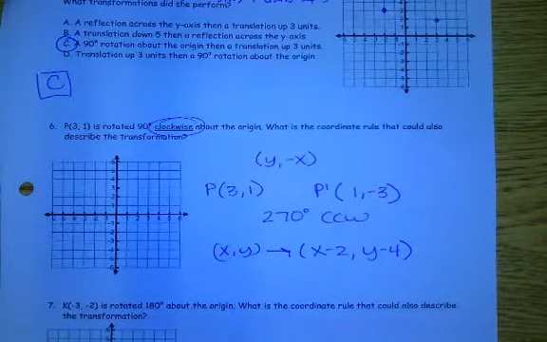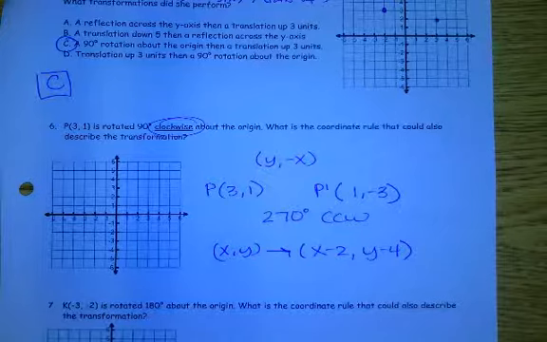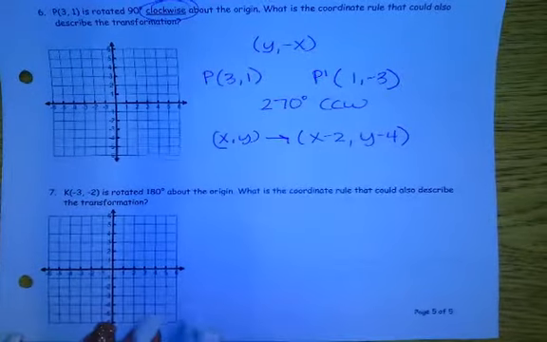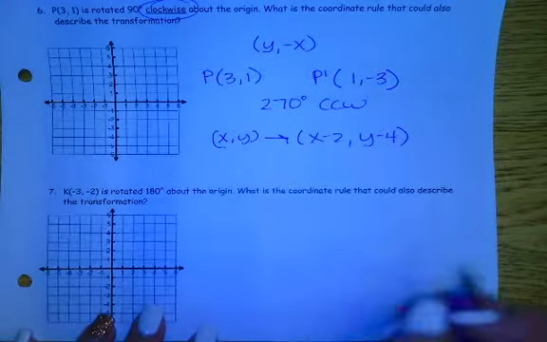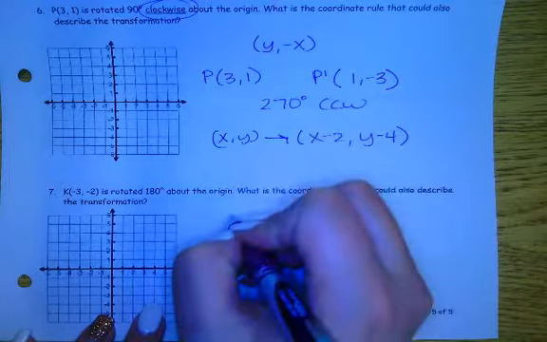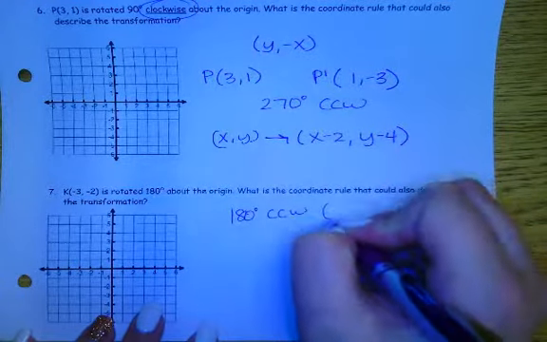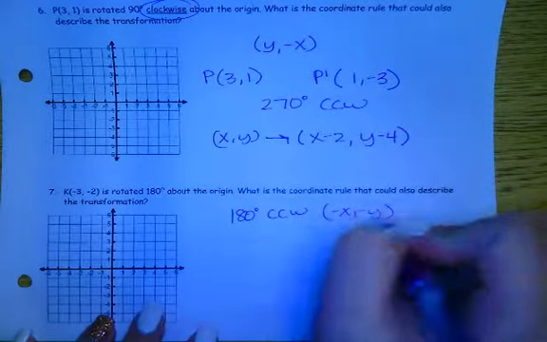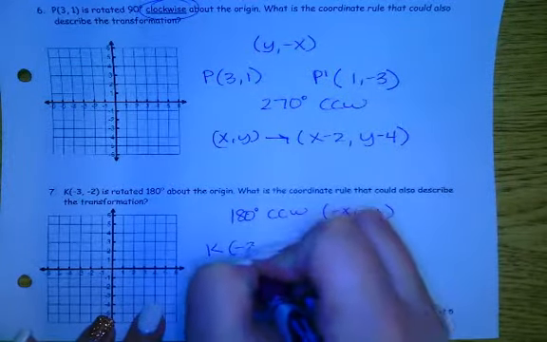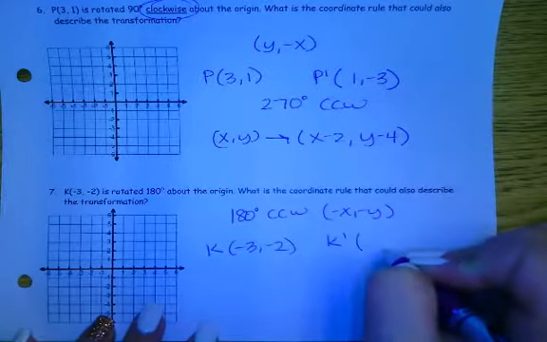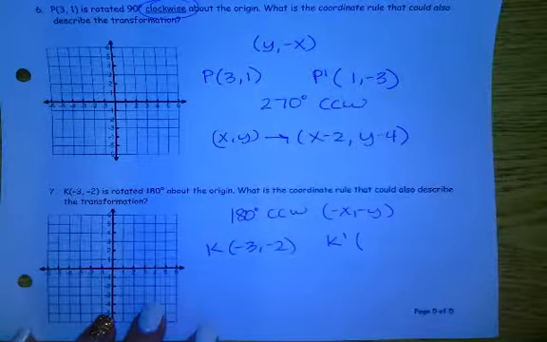Okay, 7. (-3, -2) is rotated 180 degrees. What's the coordinate rule that could also describe it? Okay, so what is the rule for 180 degrees? (-x, -y), so where would K prime be? (3, 2). Okay, so we're at (3, 2).